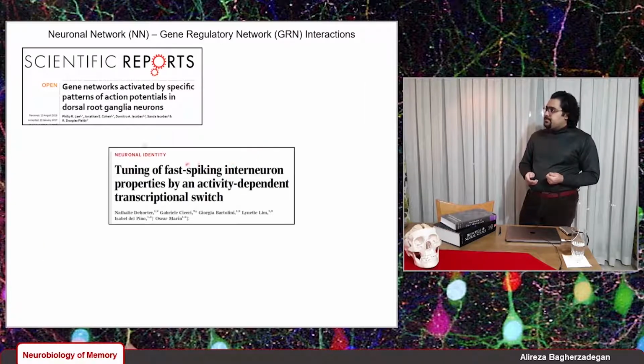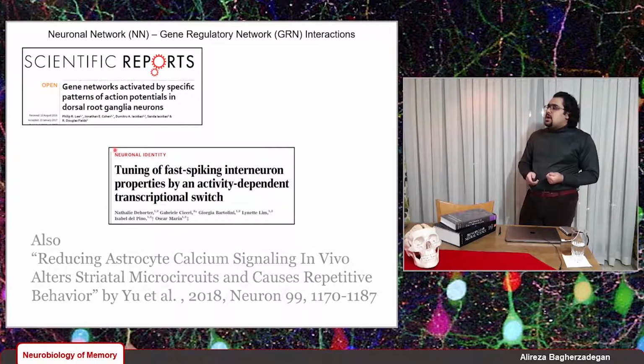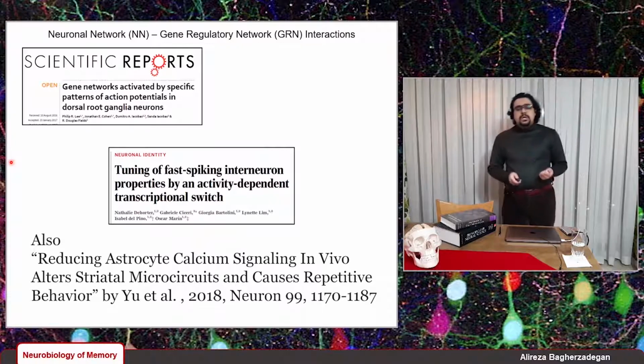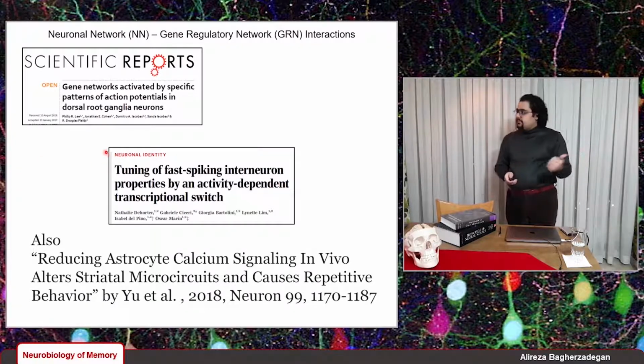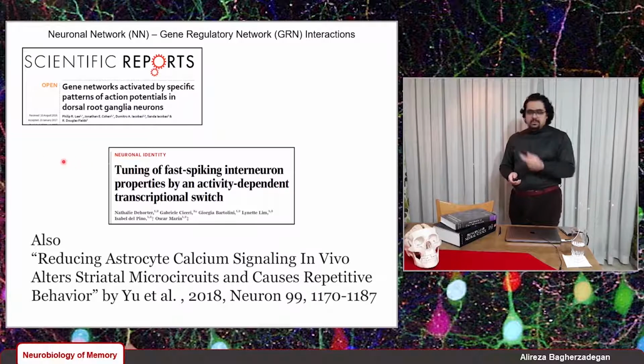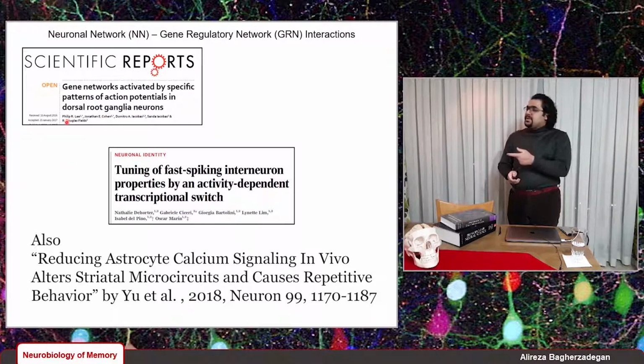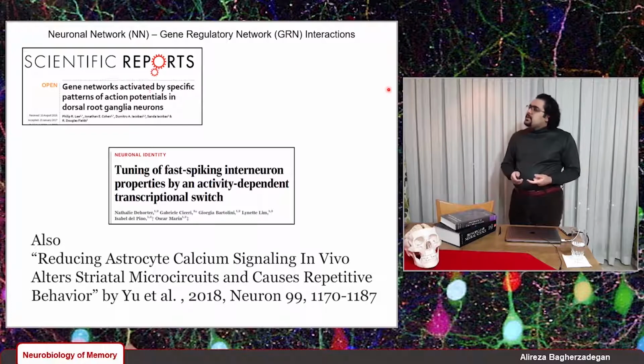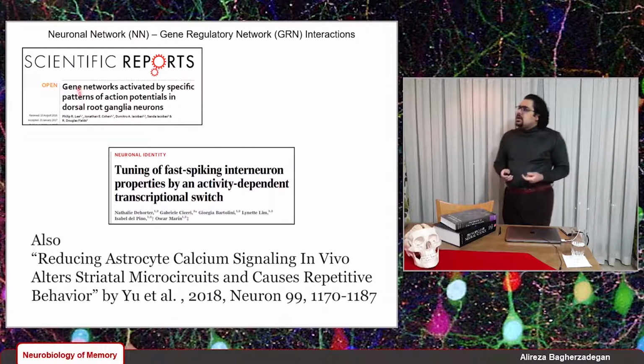So these are two of the papers behind the examples I gave you in the previous slide, the examples of the interactions between gene regulatory networks and neural networks. For instance, this paper, published in Scientific Reports in Nature, is an example of how neural networks affect gene regulatory networks.